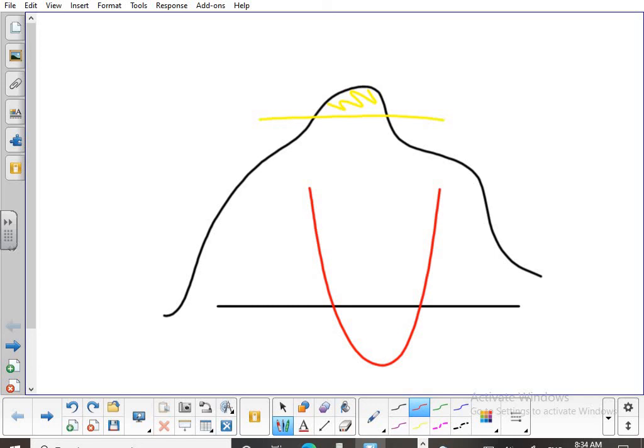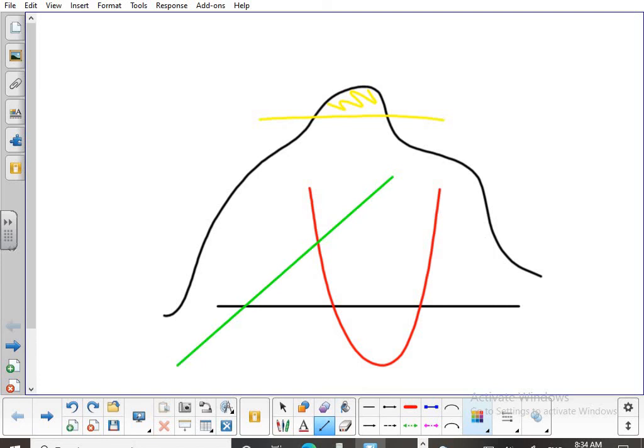A curve means it's ever changing. It's never the same. In contrast, a straight line is constant, isn't it? It's always the same. Remember we had the gradient, which was always the same. If we think of a parabola, the gradient is never the same.